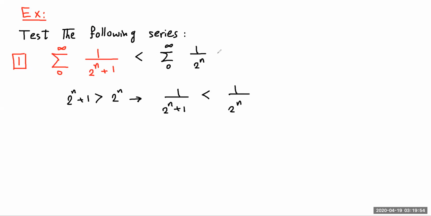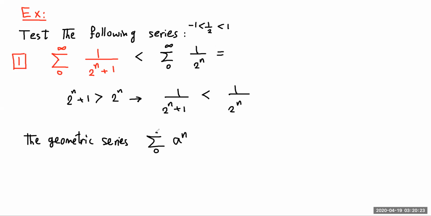This is a geometric series with the base a half, a number between minus 1 and 1. Remember that the geometric series sigma a power n from 0 to infinity equals 1 over 1 minus a, for the number a between minus 1 and 1.